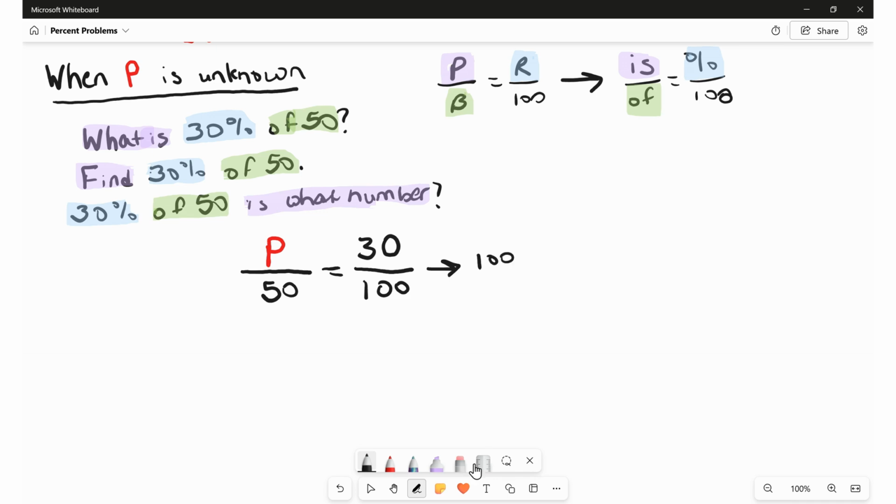So we have 100p is equal to 1500, which means that P is equal to 15. So that is when P is unknown.